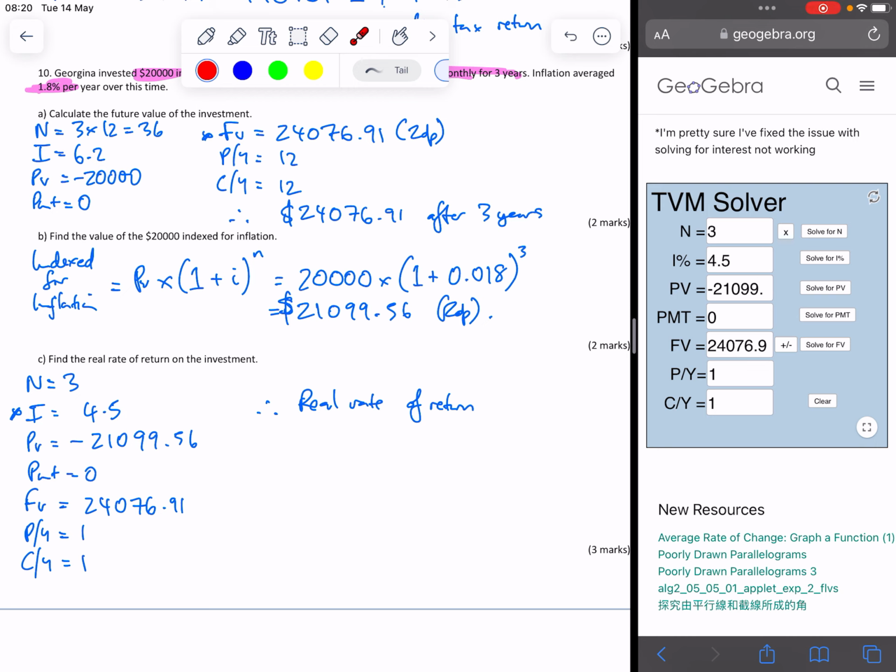So it didn't grow as much as you thought. It really grew, and that rate of growth was 4.5% per annum, considering inflation. Okay? I don't think there's any more questions.